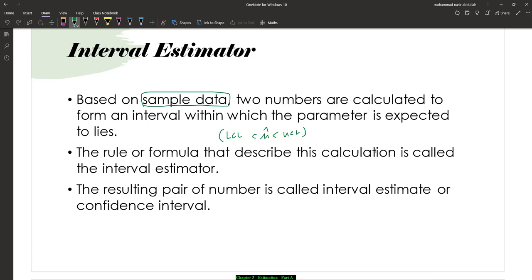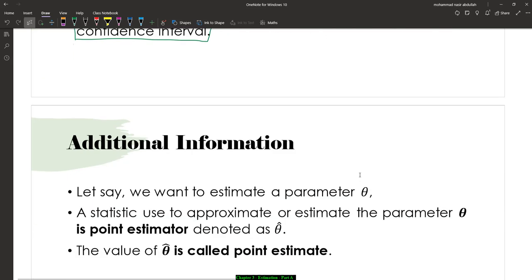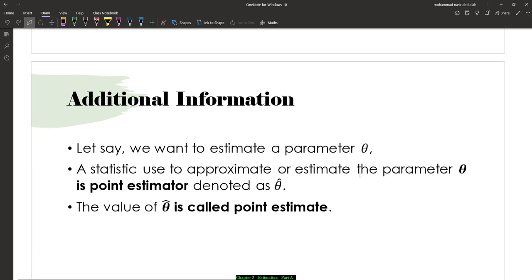The rule or formula that describes this calculation is called an interval estimator, or sometimes a confidence interval. In many books we call it a confidence interval. It's the same thing, the same definition: confidence interval and interval estimator. As additional information, let's say we want to estimate the parameter theta.